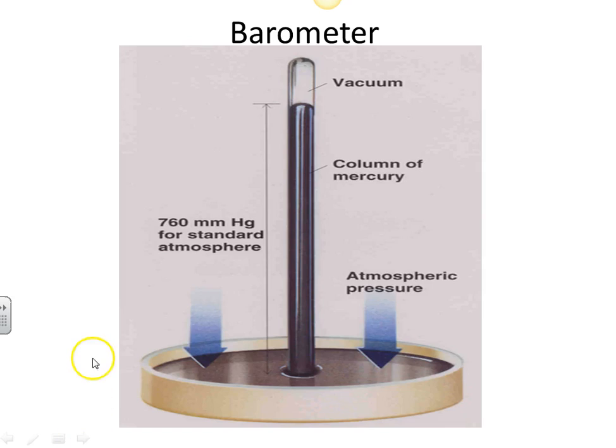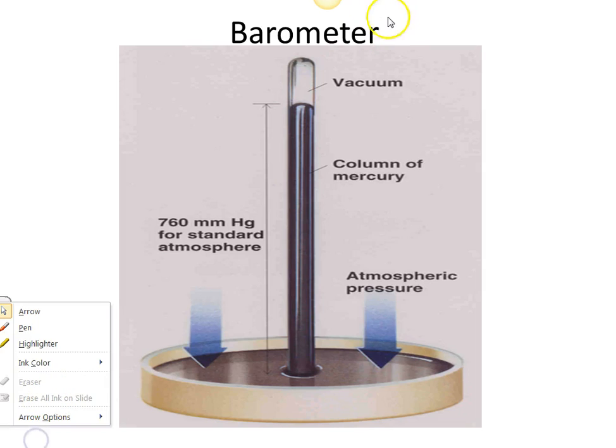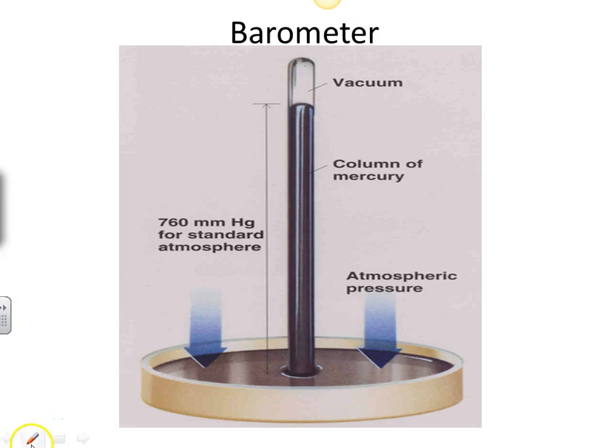So let's look at a barometer. A barometer is a type of closed manometer. Actually, a barometer is a unique special type of closed-end manometer. That's because at the top end up here it's going to be sealed so that there's a vacuum there.